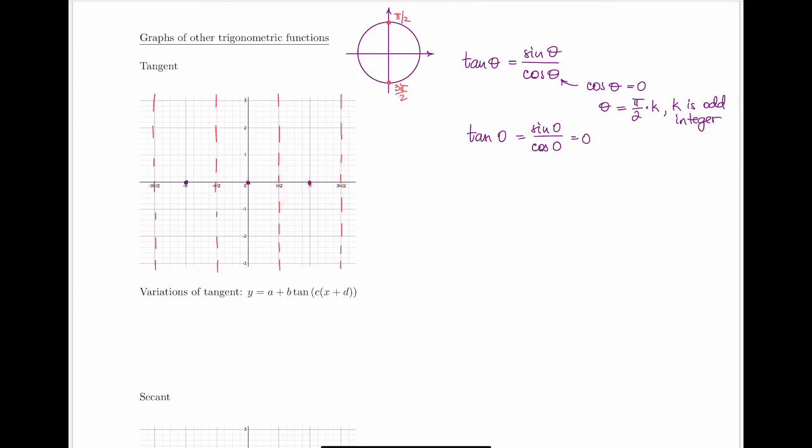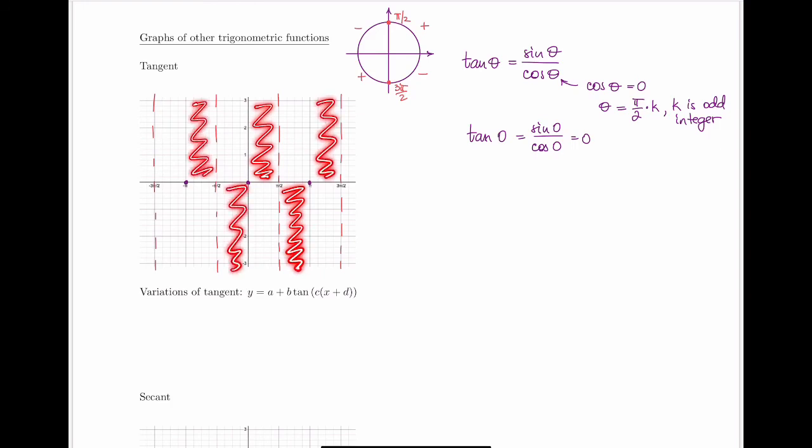The other thing to maybe think about is when is this function positive and when is it negative? From the previous page, we know that it's going to be positive in the first quadrant and in the third quadrant, and be negative in the second and fourth. So that means that the tangent function between 0 and pi by 2 has to be above the x-axis, but in the next quadrant between pi by 2 and pi has to be below the x-axis, above and below, above and below every pi by 2.